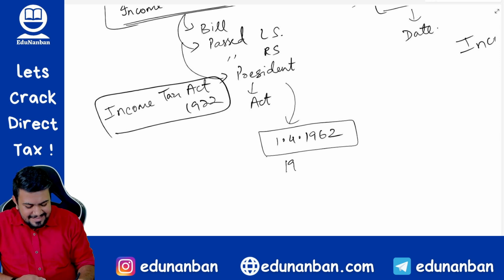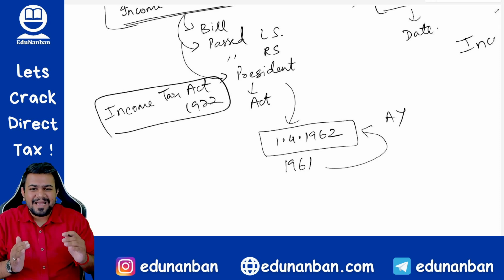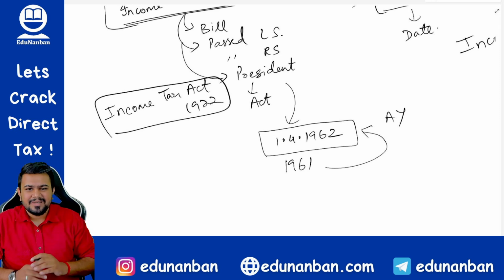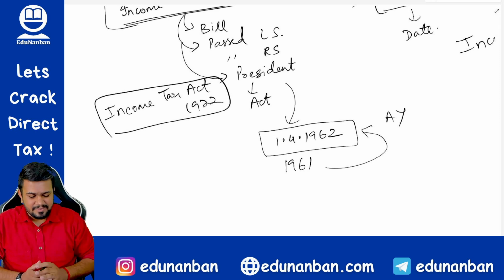It is 1961 only. However, we will study as 1/4/1962 because of the assessment year concept. I will link it with assessment year when I am teaching that concept, and then you will be able to understand better. So for now, let us keep this discussion pending. We will discuss when I am teaching you the meaning of financial year, previous year and assessment year. Okay.